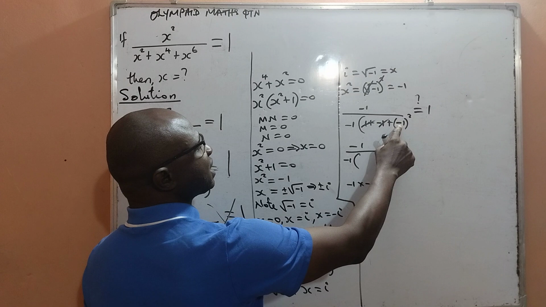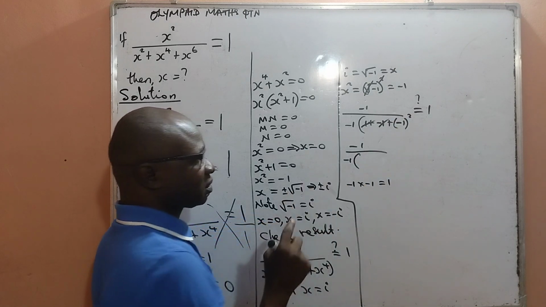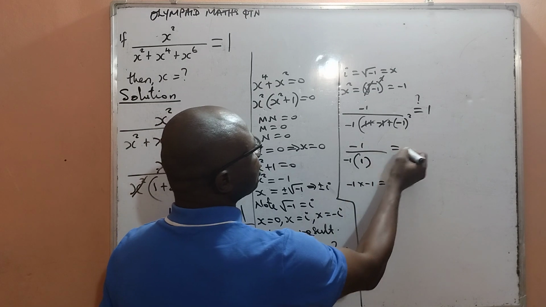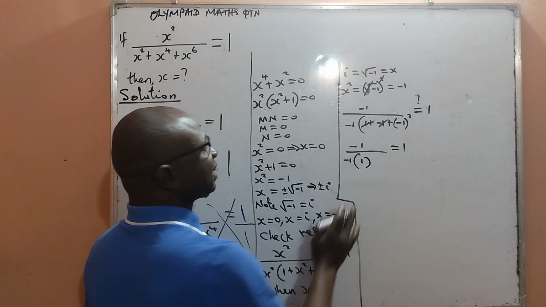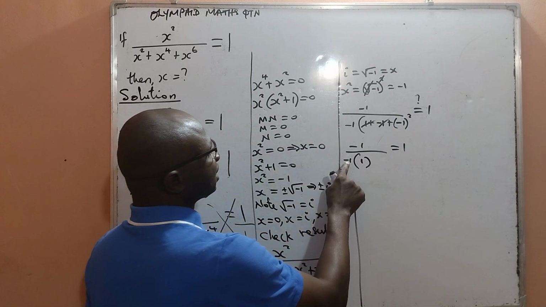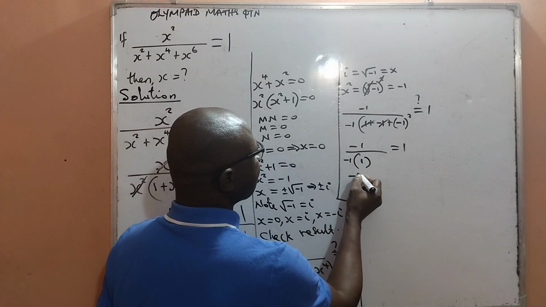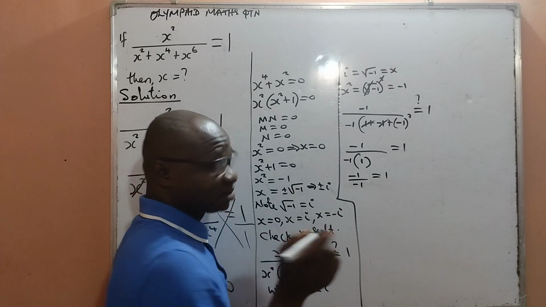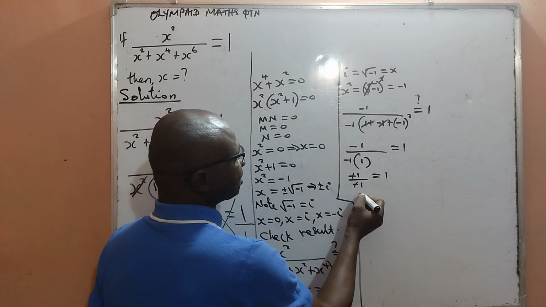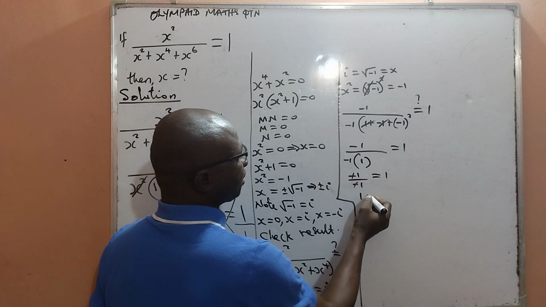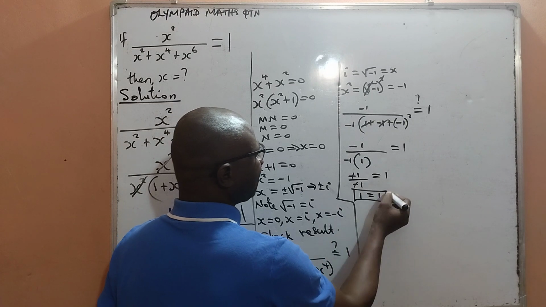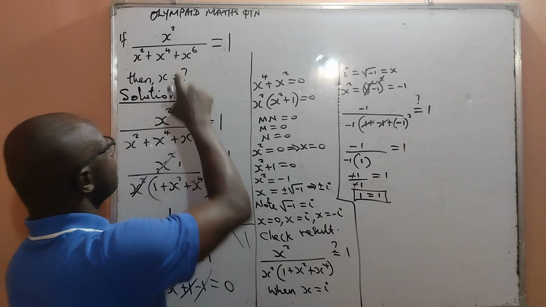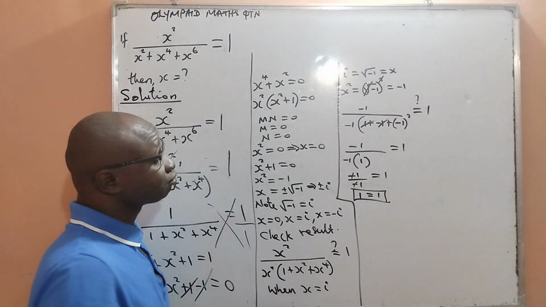So -1 squared is the same thing as 1. So in the bracket, I have 1. Will this be equal to 1? That is what we want to find out. Okay, -1 times 1 is -1. So I have -1 all over -1. Will this give me 1? Yes. Negative will cancel negative, giving me 1 divided by 1 equal to 1. So it means when x is equal to I, the equation satisfies.